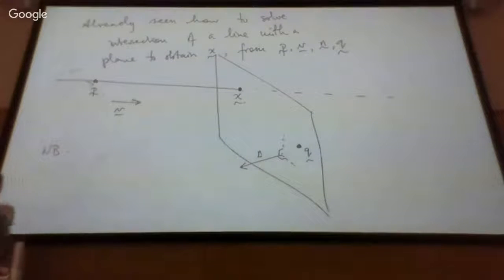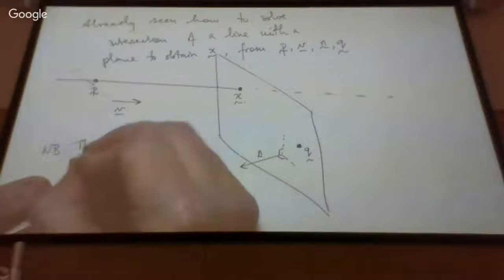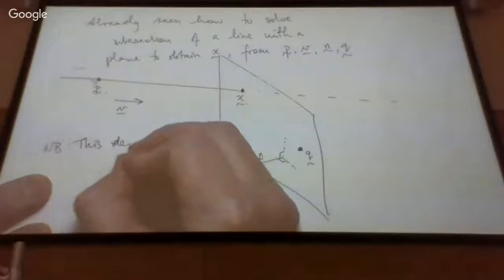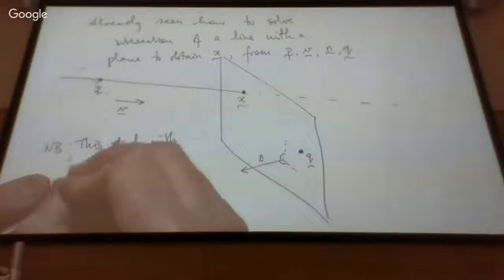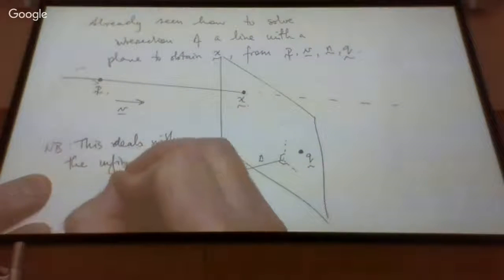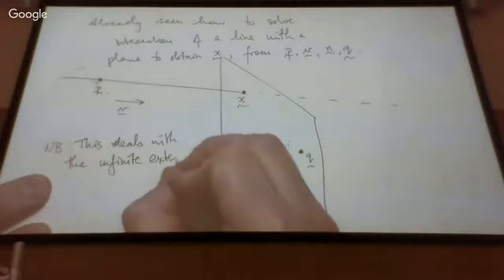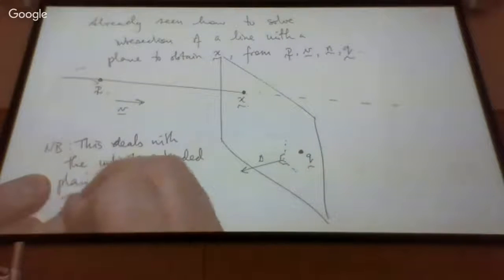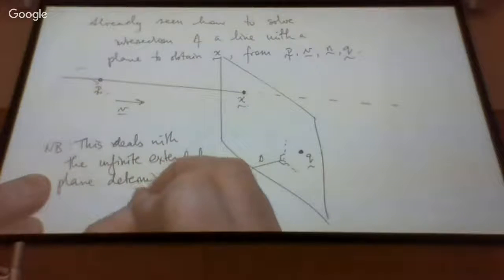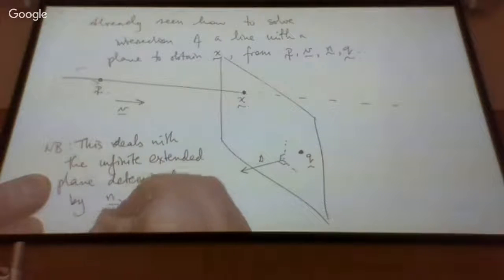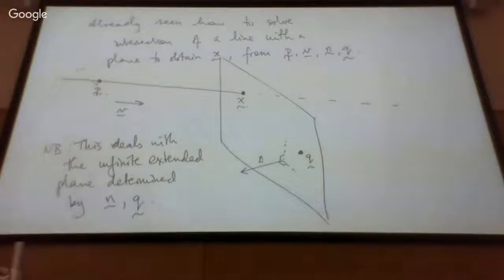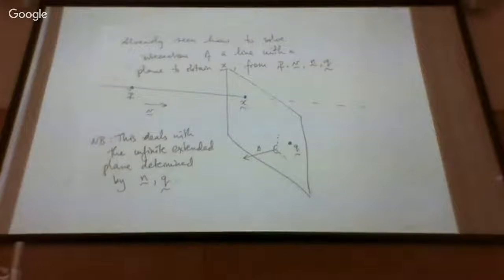So I've drawn it as a square, but really, this problem that we've looked at deals with the infinite extended plane, determined by N and Q. But that doesn't get us all the way to solving our problem of figuring out which polygonal face of one of the buildings is hit, because buildings in a real environment aren't of infinite extent.